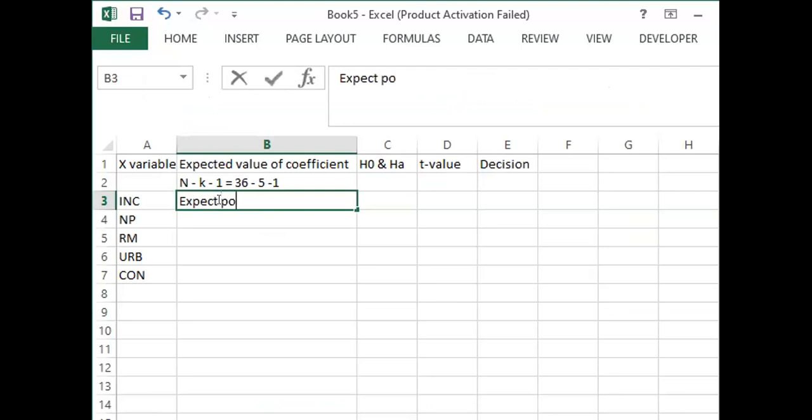So this is in terms of our coefficient, which basically describes the direction there.